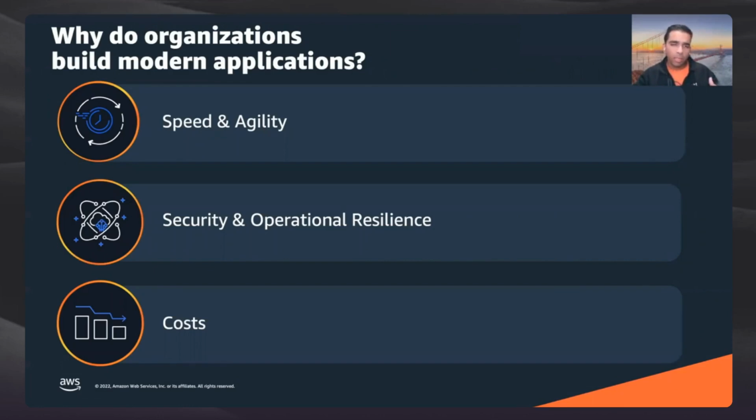Let's start by talking about why organizations build modern applications. Organizations really build modern applications to deliver speed and agility to get to market faster. They want to respond quickly to changes in their markets. From past experiences, we know that customers who adjust and adapt quickly are more successful. However, what happens over time is that organizations spend a lot of time just keeping the lights on.